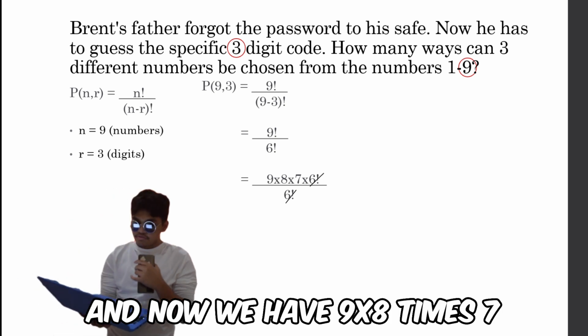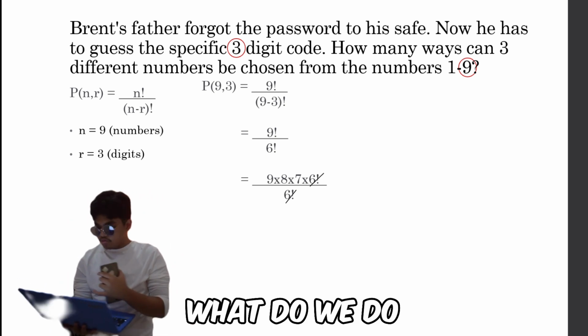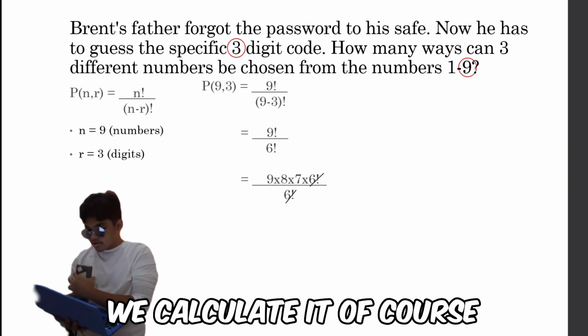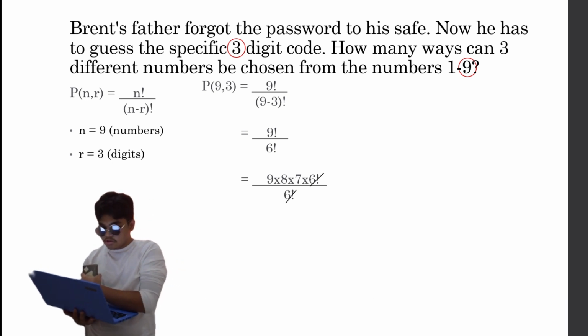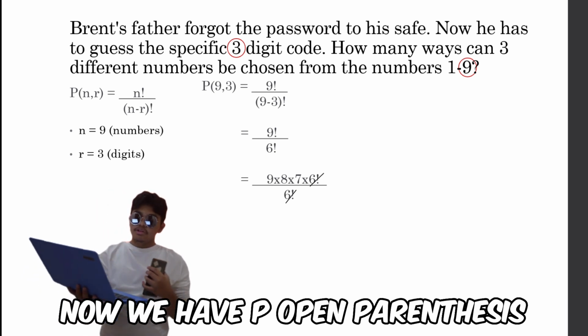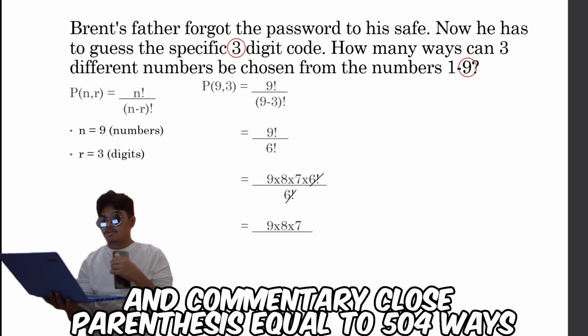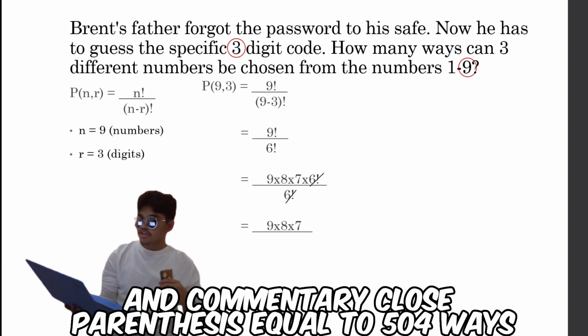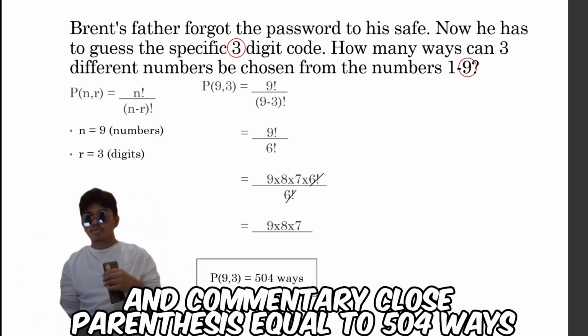And now we have 9 times 8 times 7. What do we do? We calculate it, of course. Do the calculator. Now we have P(9, 3) is equal to 504 ways.